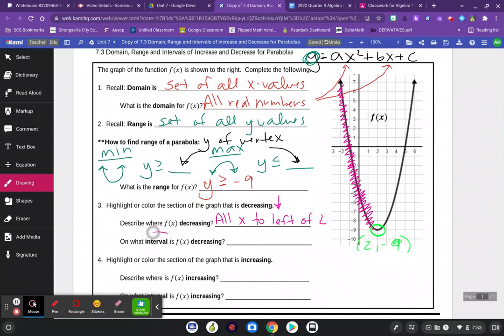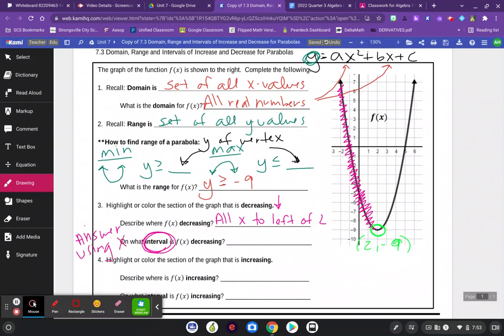And so when we say on what interval, we are going to give our answer in terms of x values, okay? Answer using x.